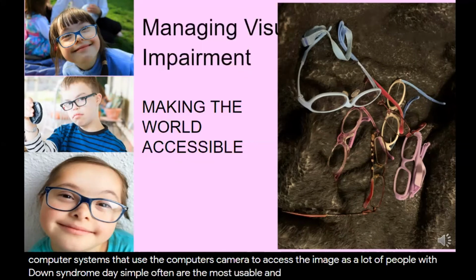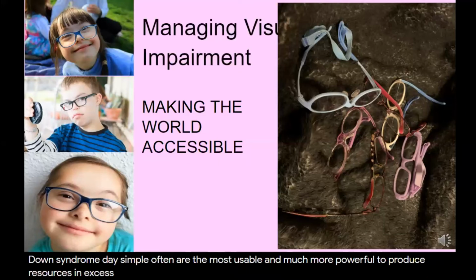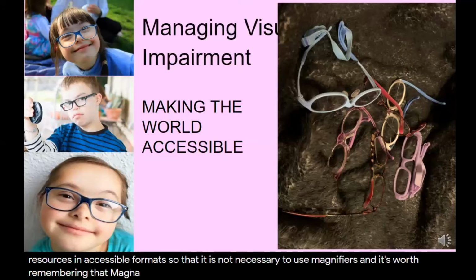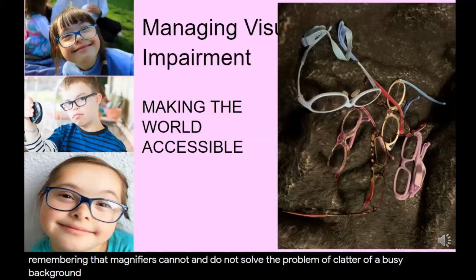And it can often be much more powerful to produce resources in accessible formats so that it is not necessary to use magnifiers. It's worth remembering that magnifiers cannot and do not solve the problem of clutter, of a busy background. They simply make a bigger image of the clutter. Simple is usually better.